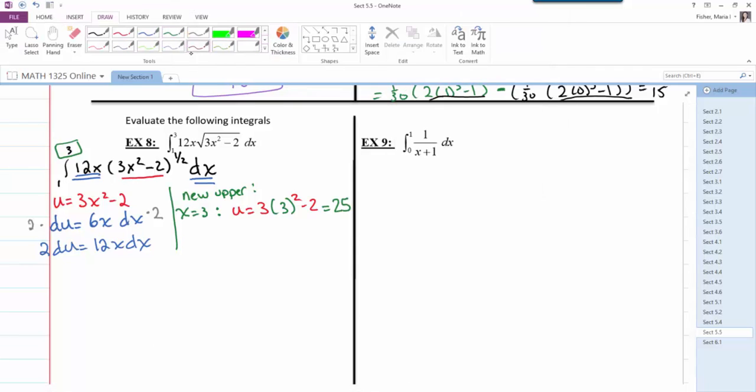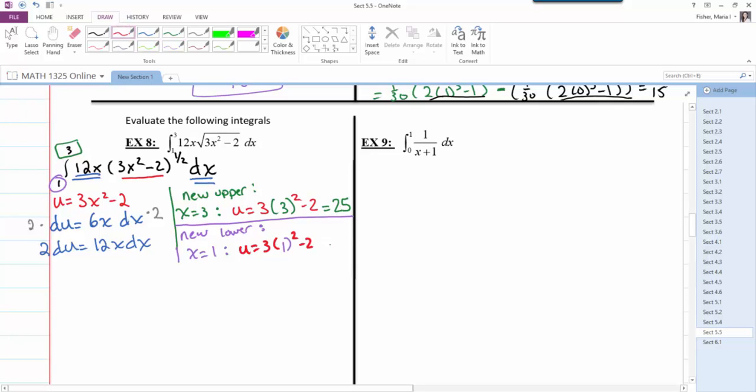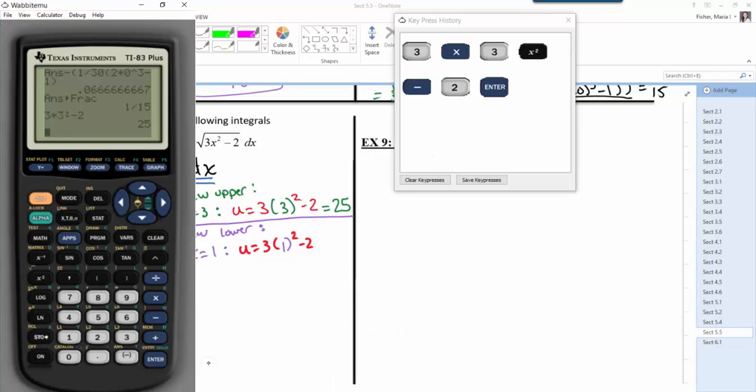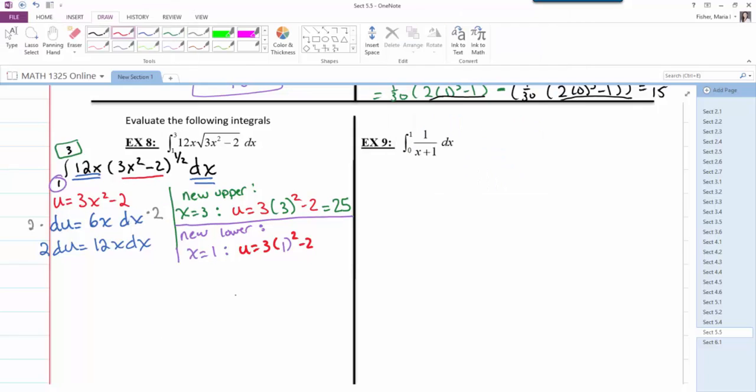And your new lower limit of integration, so my current lower limit of integration is 1. So you're looking at u equals 3 times 1 squared minus 2, and then grabbing the calculator to work that out. If I hit second and enter and make my 3 into a 1, I end up with the number 1.